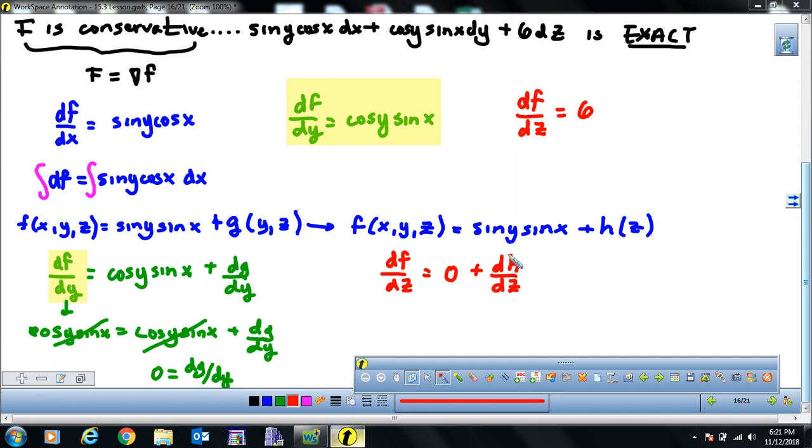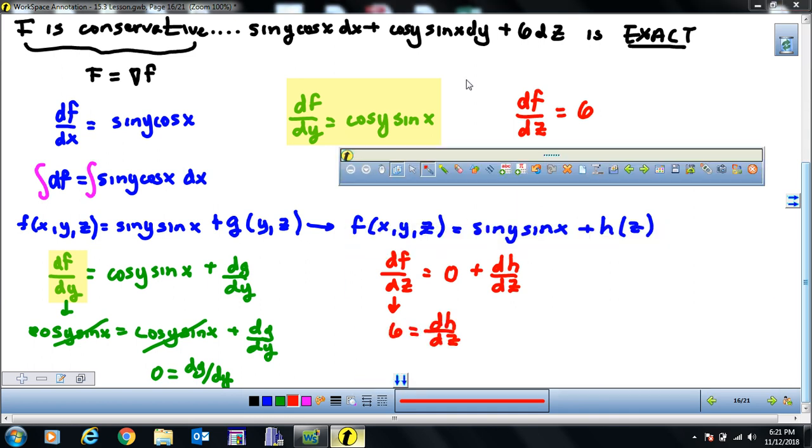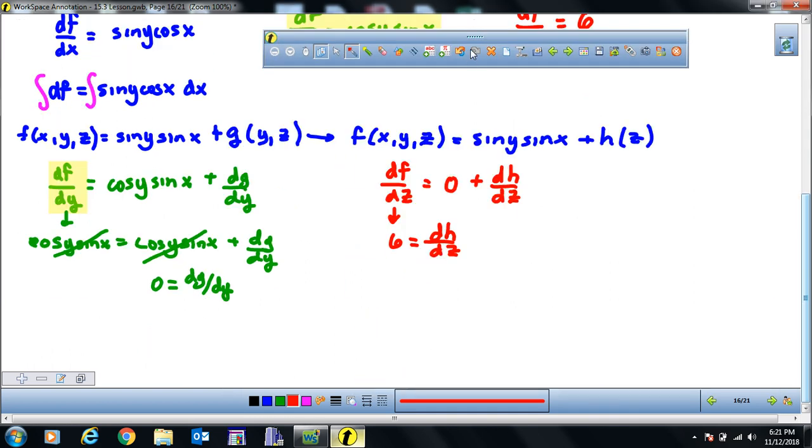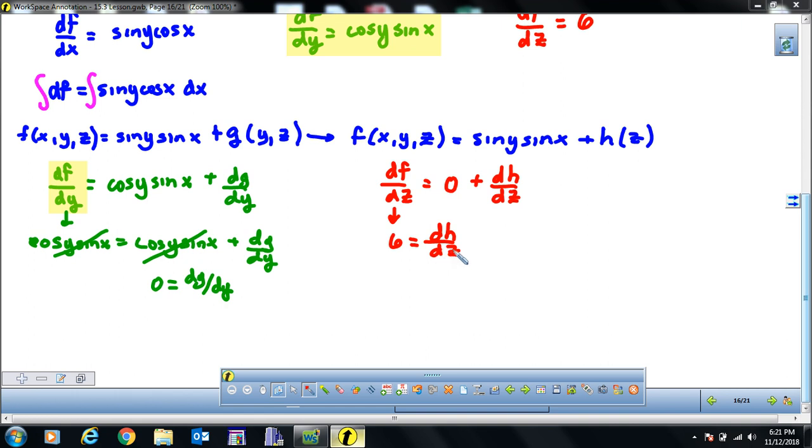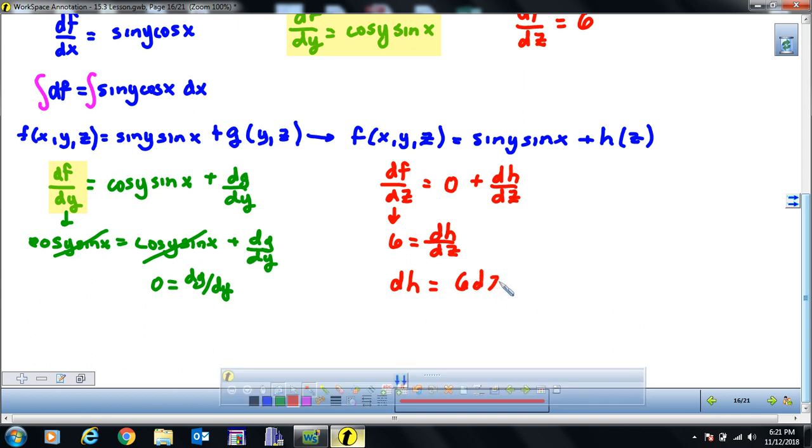So then dh with respect to z is going to equal df with respect to z, which is equal to 6. So dh with respect to z is just going to be 6. Okay? But now we need to solve for that function h. How? By integrating this. So I'm going to solve for dh. dh equals 6 dz.